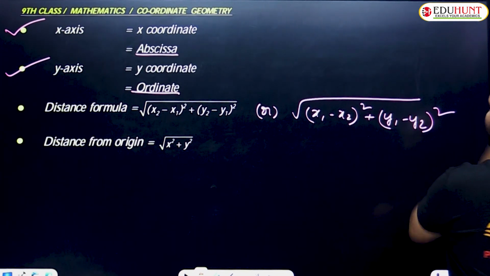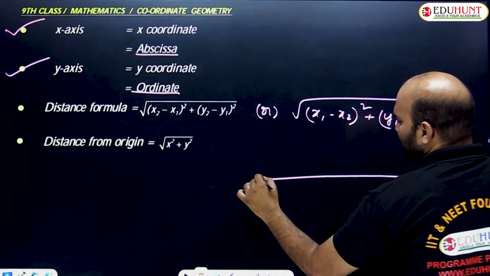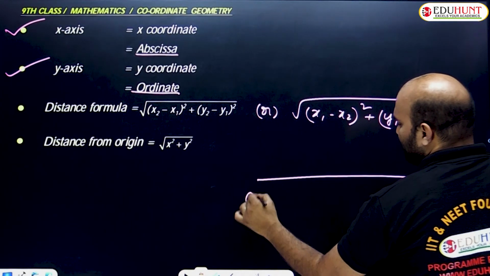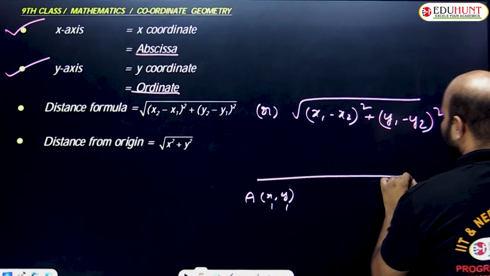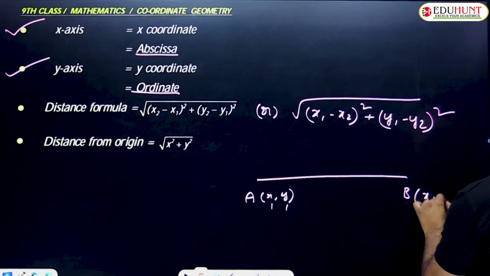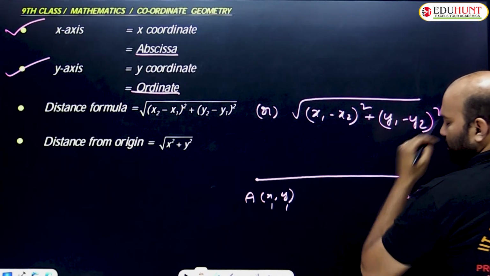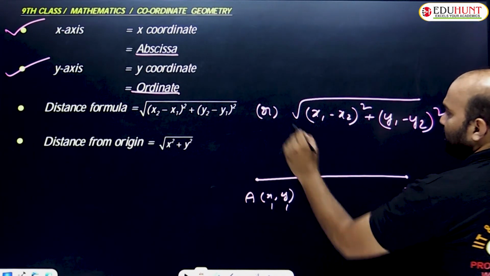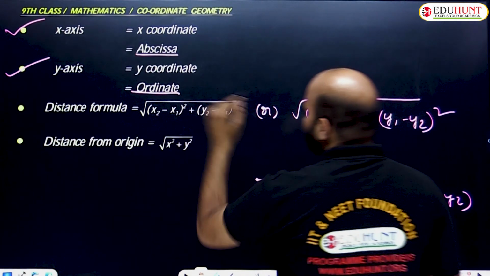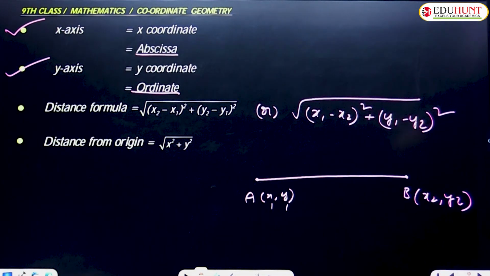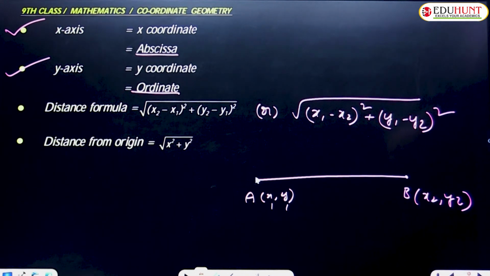That is the distance formula in a coordinate system. If 2 points are given, A (x1, y1) and B (x2, y2), am I clear? What is the distance from A to B? The formula is the square root of x2 minus x1 whole square plus y2 minus y1 whole square, or x1 minus x2 whole square plus y1 minus y2 whole square.